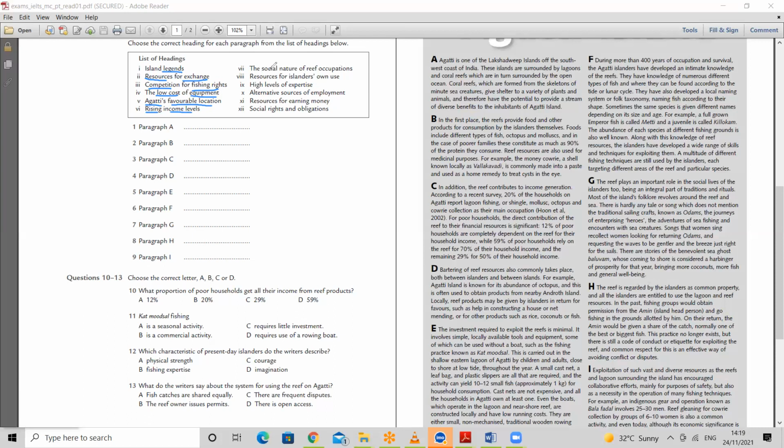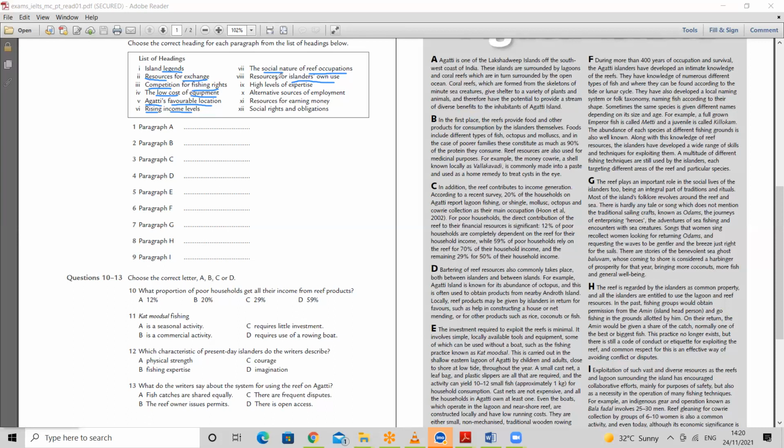Looking at the 7th heading, we talk about the social nature and then the repopulation. Number 8 is the resources for the islanders' own use. So whatever they produce, for example, they only use it by themselves. It's only for their own use.